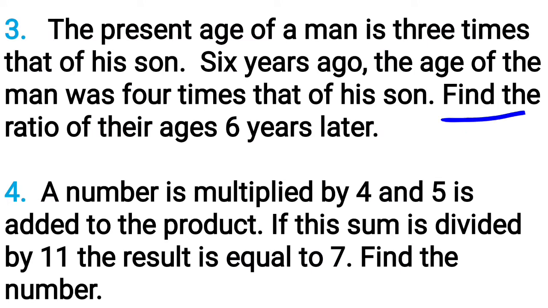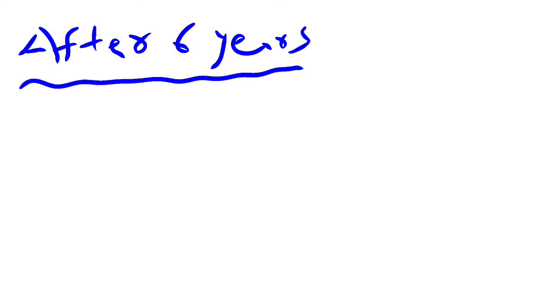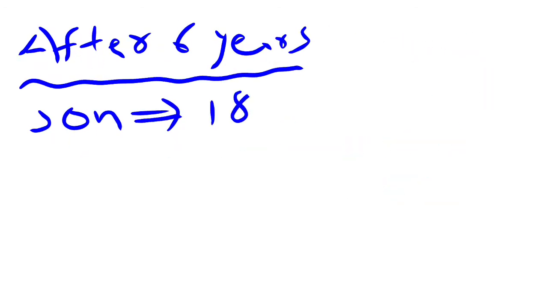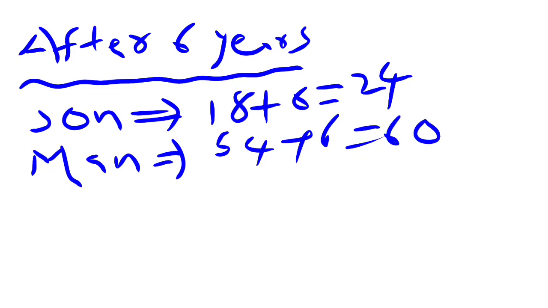But in the question, we must find the ratio of their ages 6 years later. So let's find their ages 6 years later. After 6 years the son's age will become, present age is 18 years, so 18 plus 6 equals how much? 24 years. And the man's present age is 54, then after 6 years it will become 60 years.